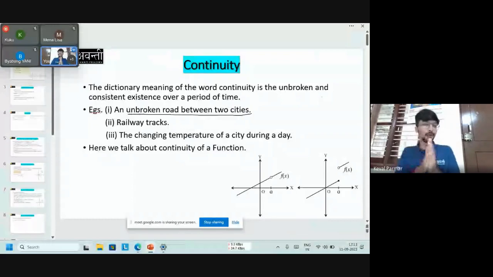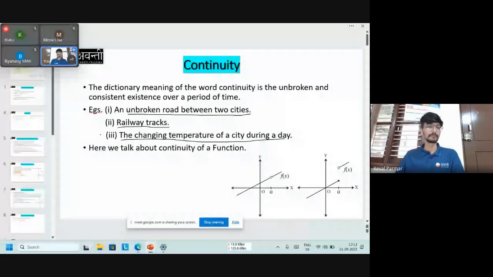There are many broken potholes. Okay. And we can say railway tracks. Railway tracks are also unbroken. They go continuously. And lastly, the changing temperature of a city during the day. This is important.